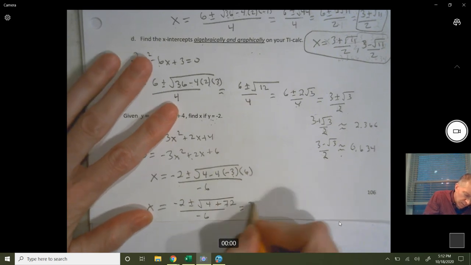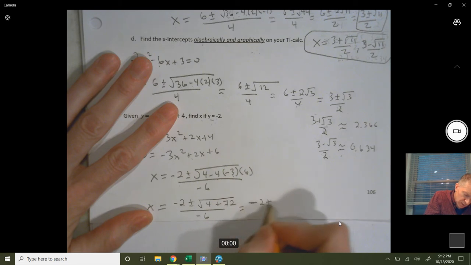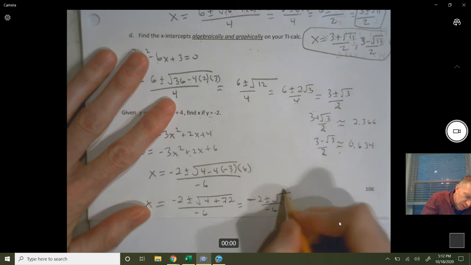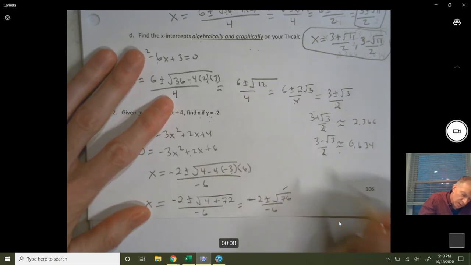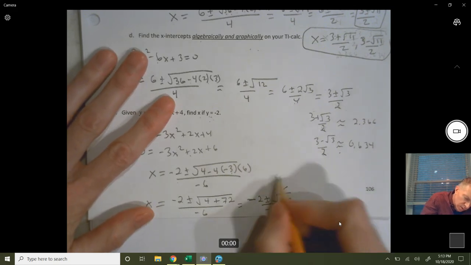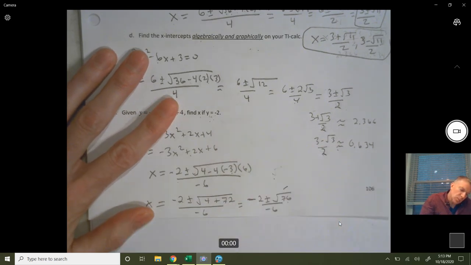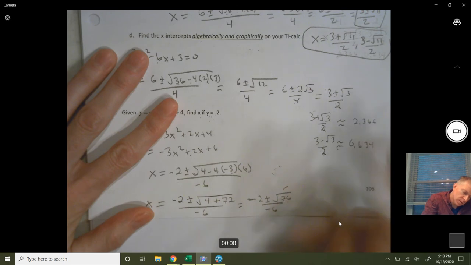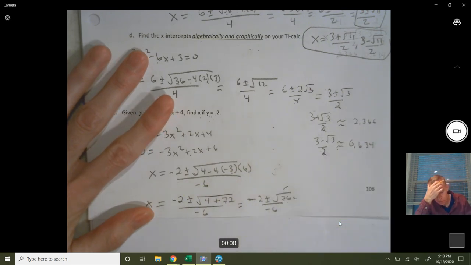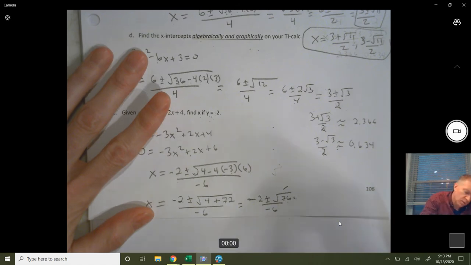So -2 plus or minus the square root of 76 over -6. Square root of 76 reduces. I know that we can take out a 4. Oh, you can't take out a 4. Yeah, we can take out a 4.